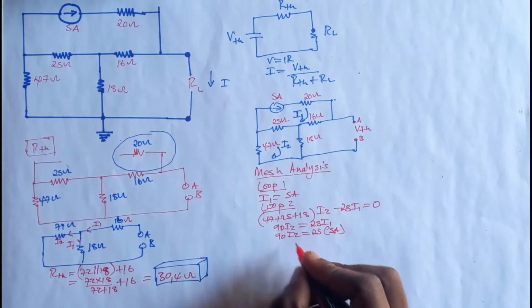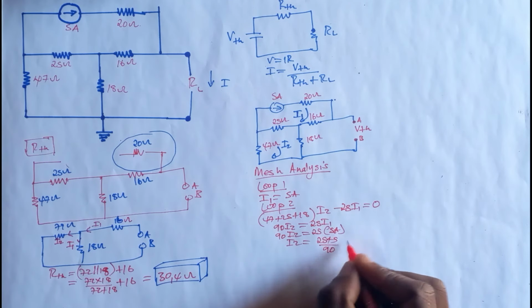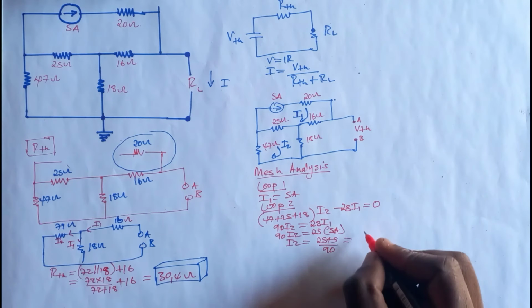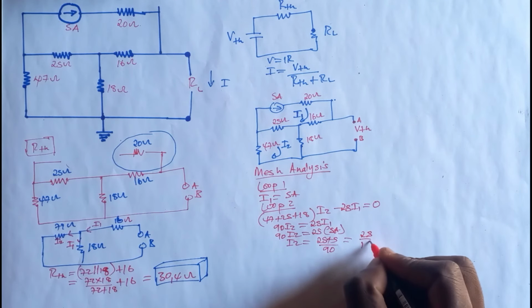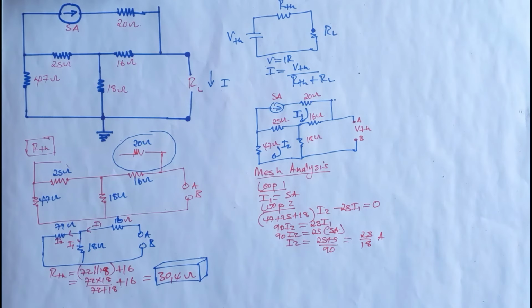That means I2 is 25 times 5 divided by 90, which gives us 25 over 18 amps. That is the value of the current flowing in loop 2. I think it is best to leave it as a fraction.